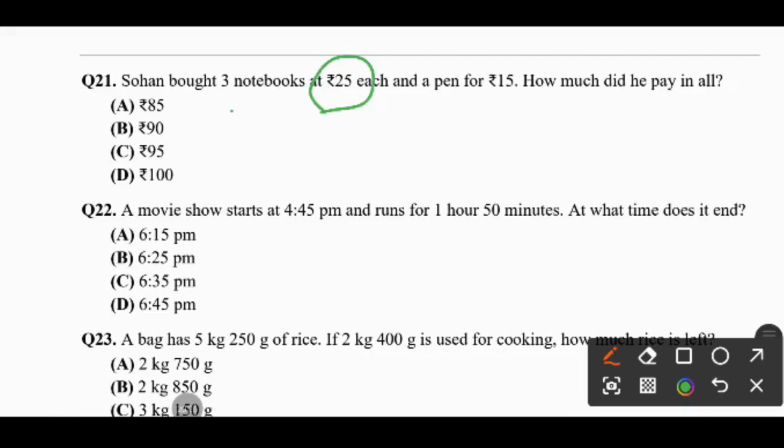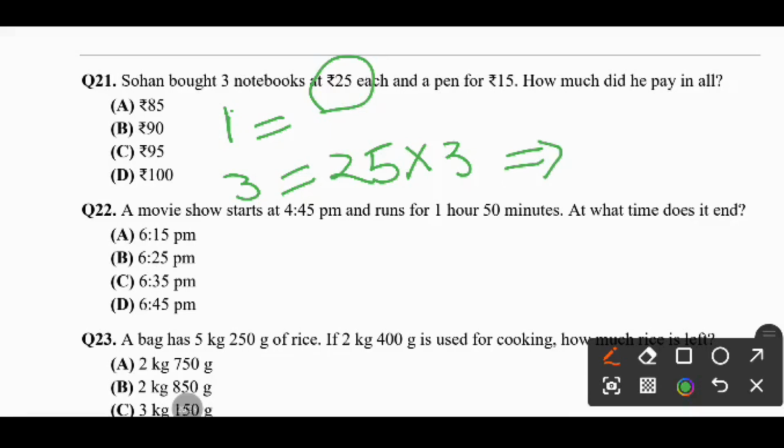One notebook is 25 rupees, he purchased three, so 25 multiplied by 3 will be 75.